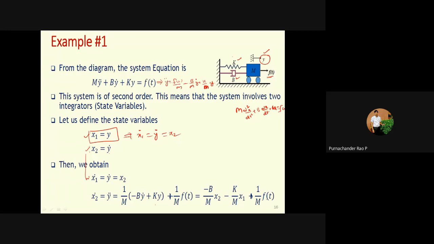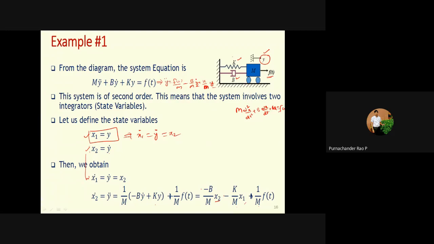So f of t by m, then minus b by m into y dash, which is x2, because y dash is equal to x2, and y is x1, so minus k by m into x1.